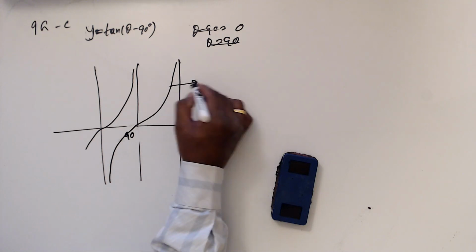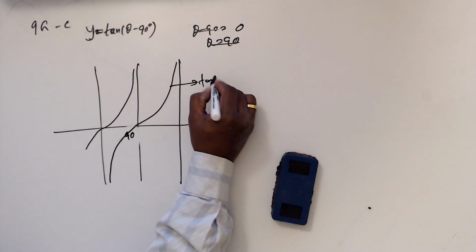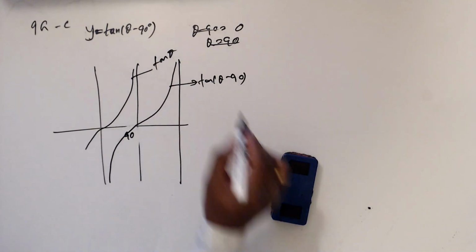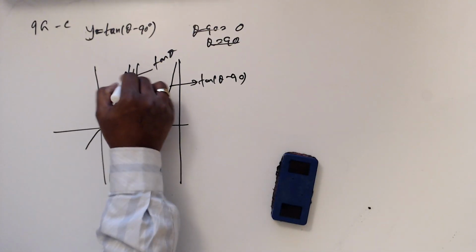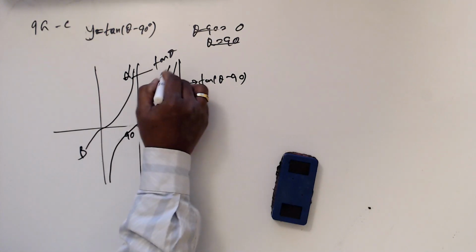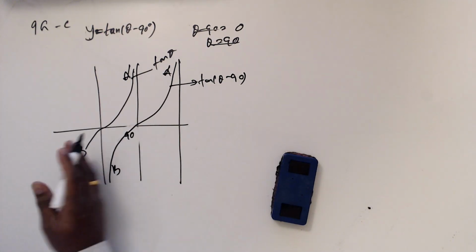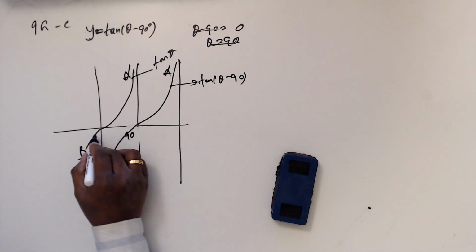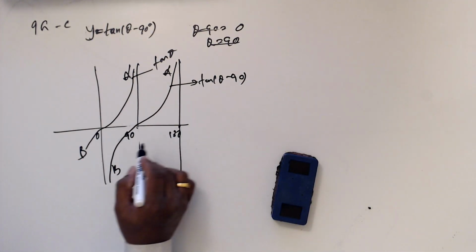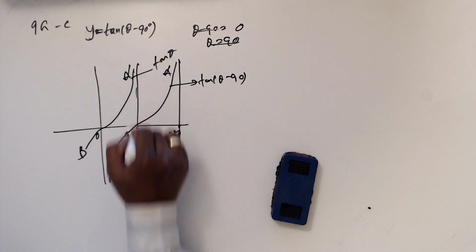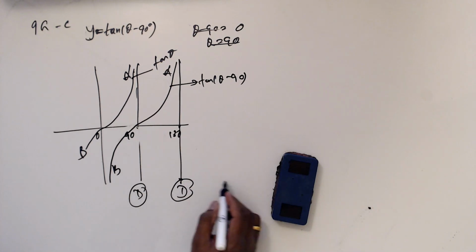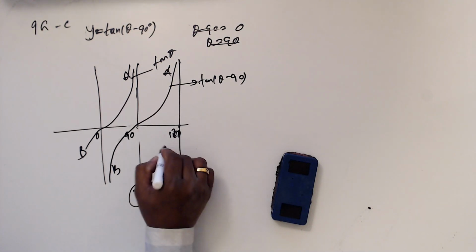So this is for tan of theta minus 90, and this is tan theta. Now the same curve here for tan theta is shifted 90. So this is 0, this is 90, and this is 180. Now this line is here, but the value is 180.